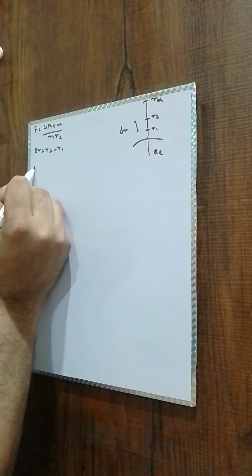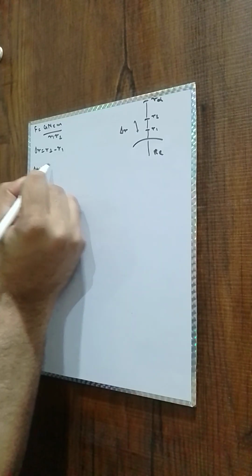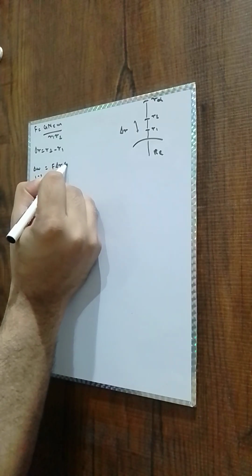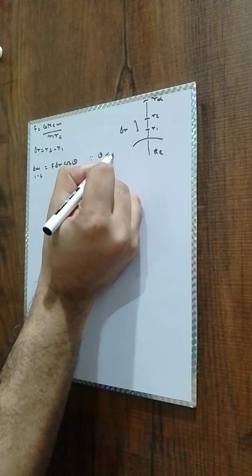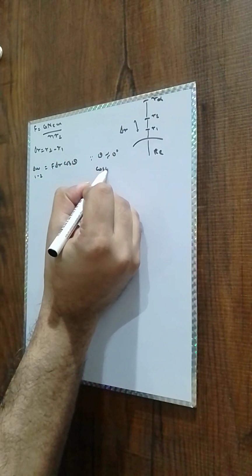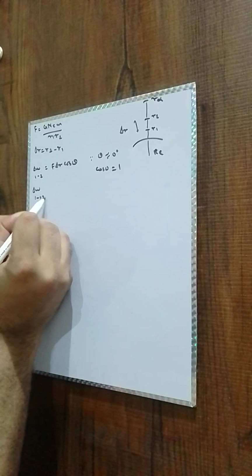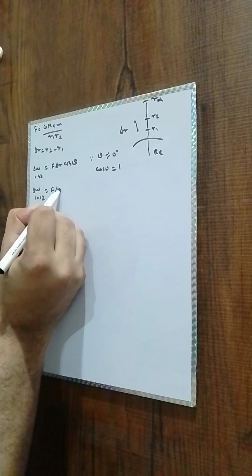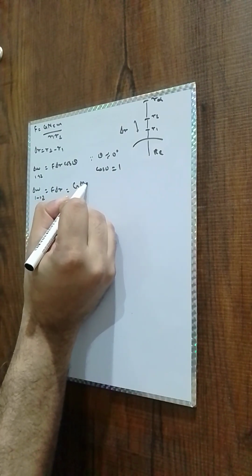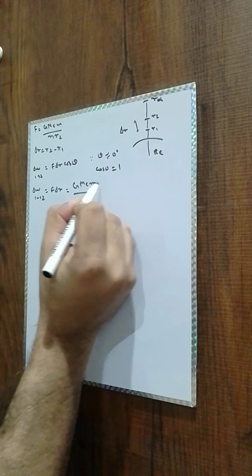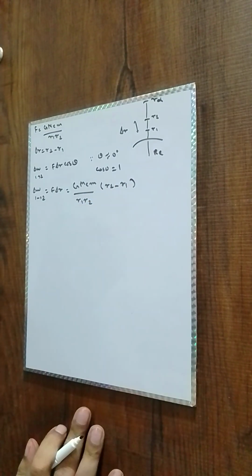And work done from 1 to 2 is equal to F delta R cos theta, and since theta is roughly equal to 0 degrees, cos 0 will be 1. So what we have is differential work from 1 to 2 is equal to F delta R, and is equal to G Me m by R1 R2, and now we have here R2 minus R1, yes.